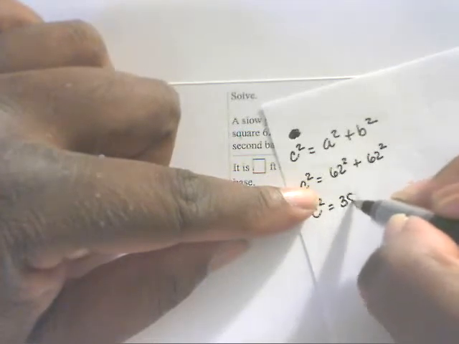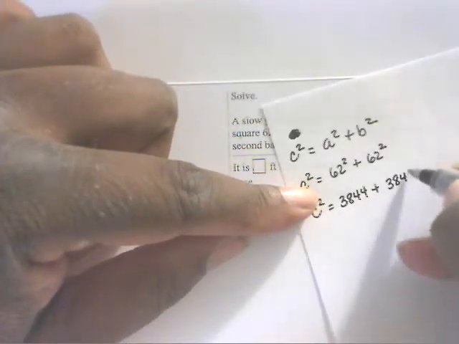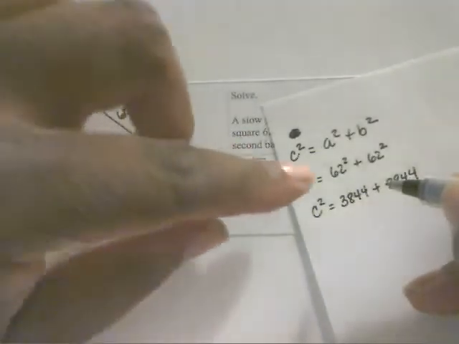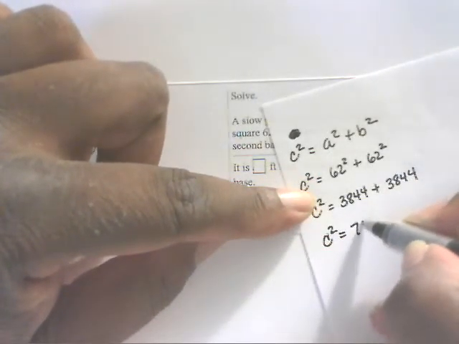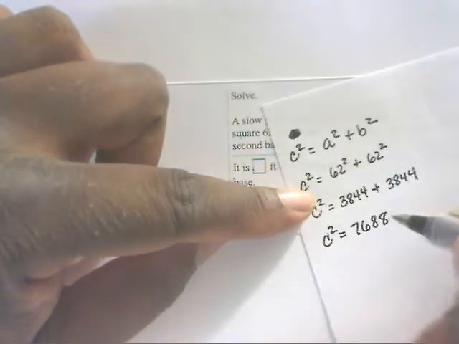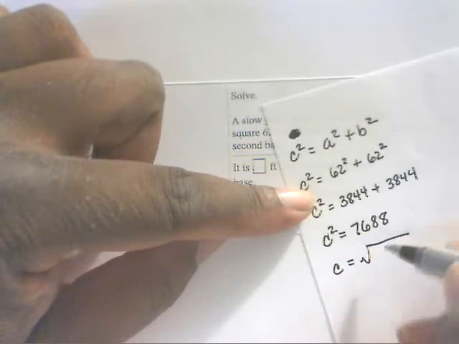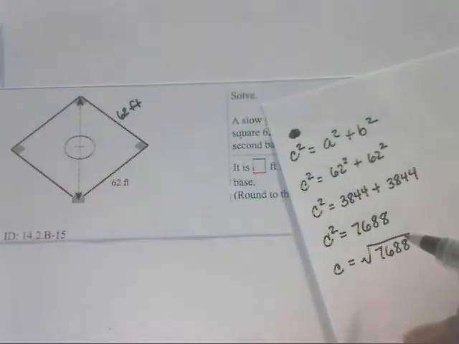62 squared is 3,844. Plus another 3,844. So if we add that, you're going to get 7,688. So c squared is equal to 7,688. Now to find out what c is, which is the longest side, we're going to take the square root of 7,688.